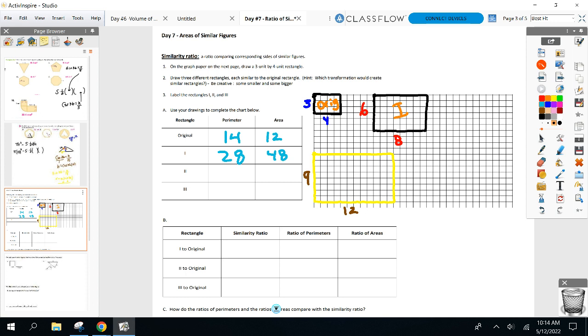And you can put a 2 in there as well. This is rectangle 2. So quickly, just figure out the perimeter and area.